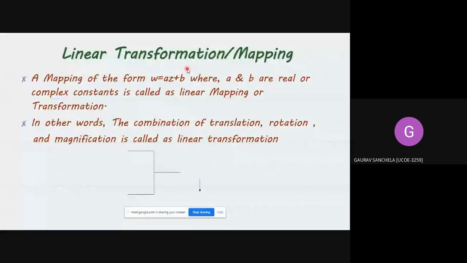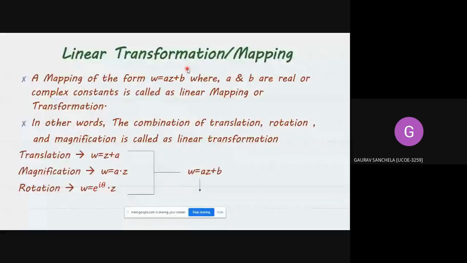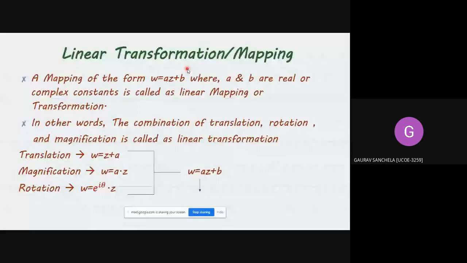Now we know the translation is w equals z plus a, magnification is w equals a into z, and the function of rotation is w equals e raised to i theta into z. Now how do these three transformations combine and give the equation w equals az plus b? You will find the translation is z plus a, here plus b, and magnification is az.